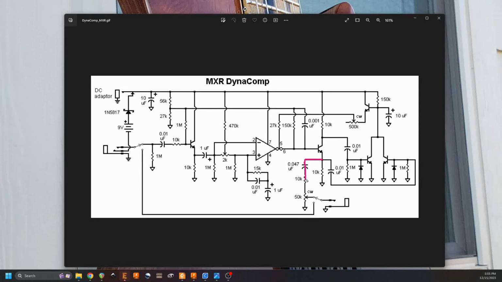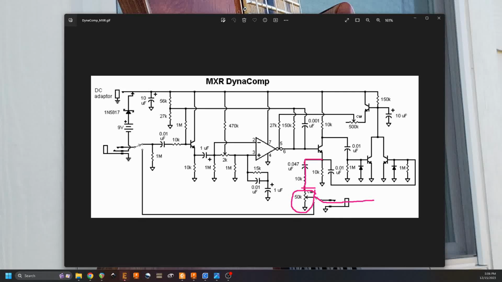We go through a resistor, which, as we send this current through a resistor, is going to govern what our voltage is. And then, since we've got our output as a voltage here, we have this volume potentiometer that goes to our output jack.